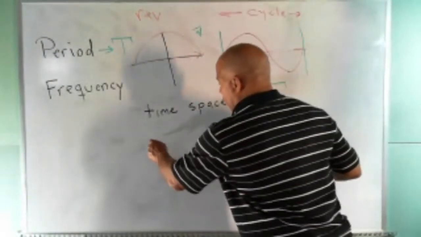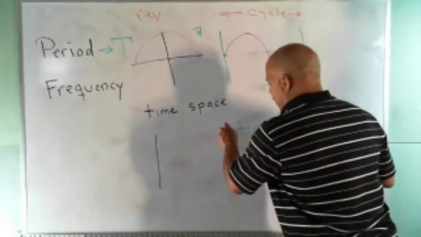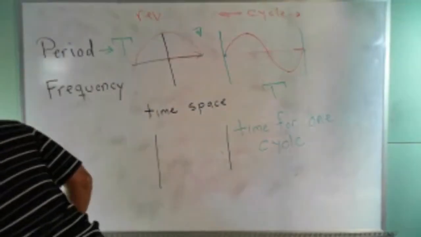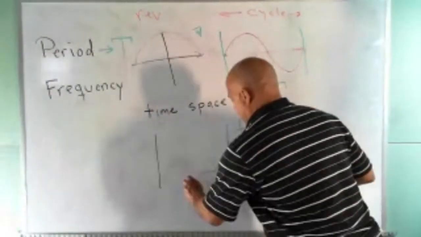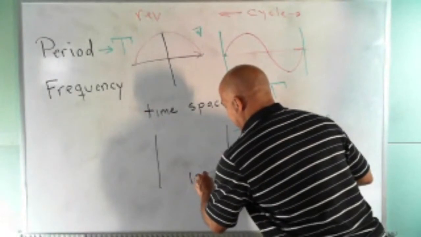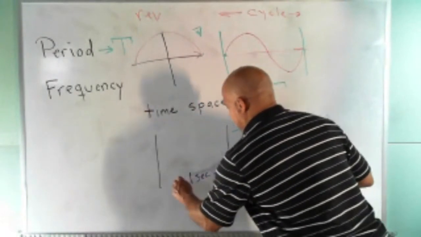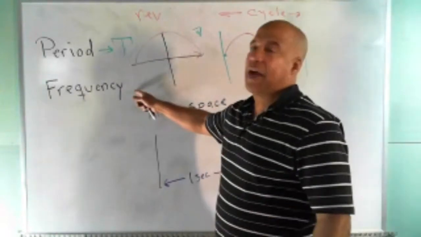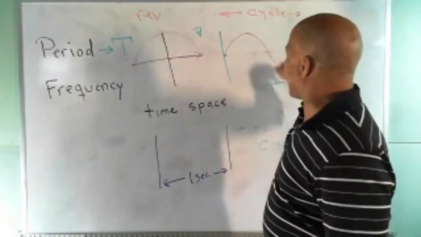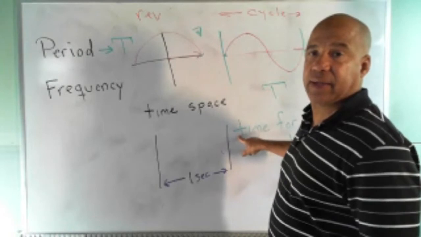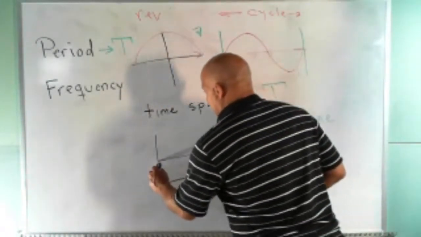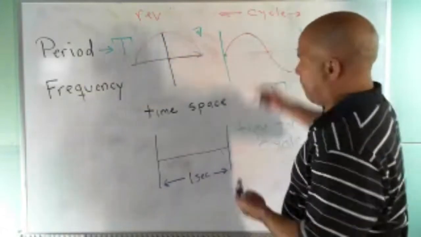From here to here, let's say that represents a time space of 1 second. The frequency is how many of these cycles will fit in a space of 1 second. So if I'm in my time space here, let's say I have a waveform like this.